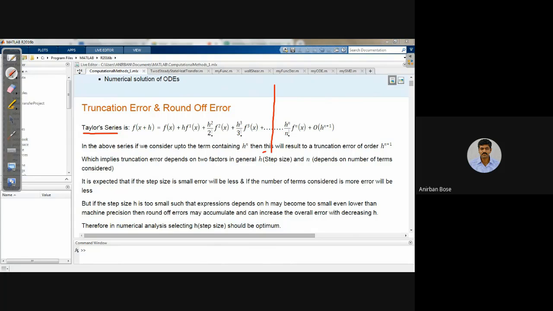Let me show it once again. Here you see this is the point x and the corresponding value of the function is fx.